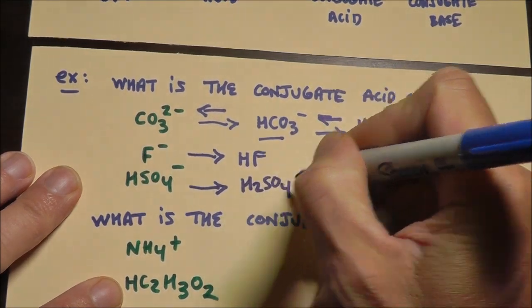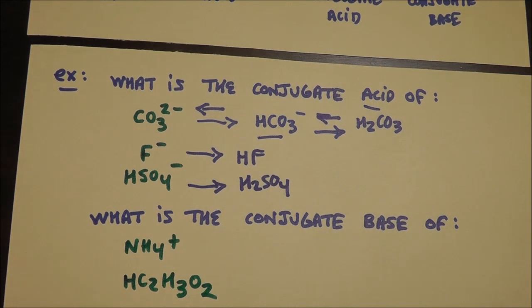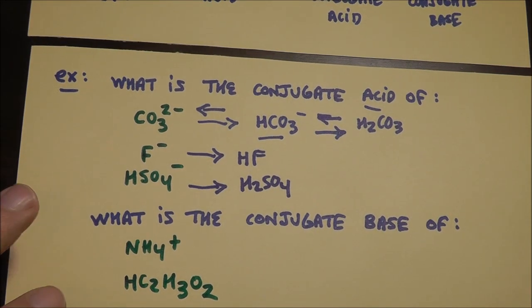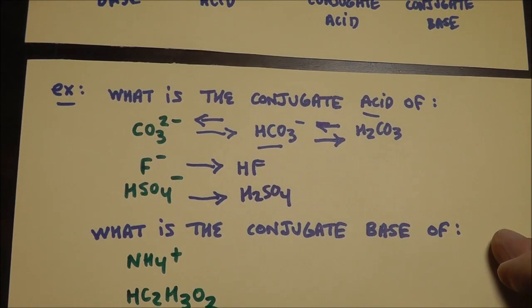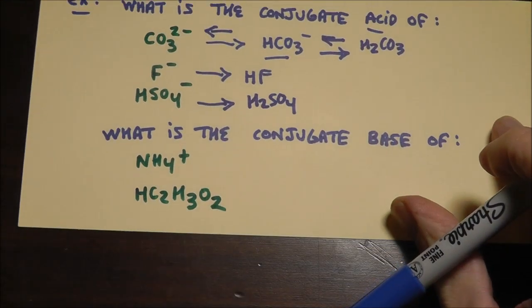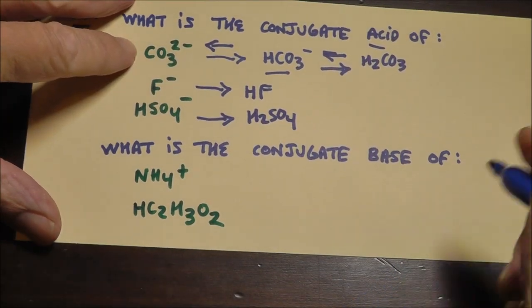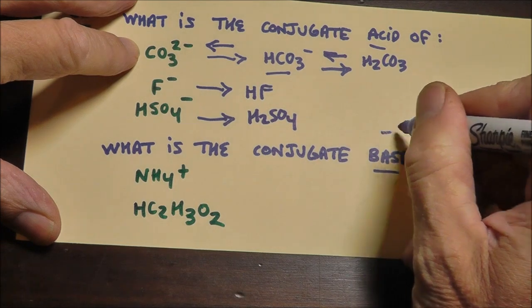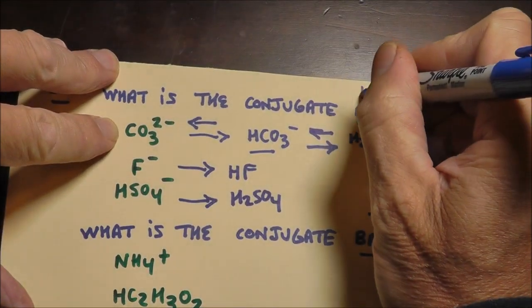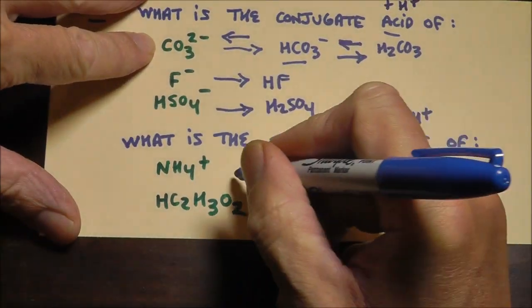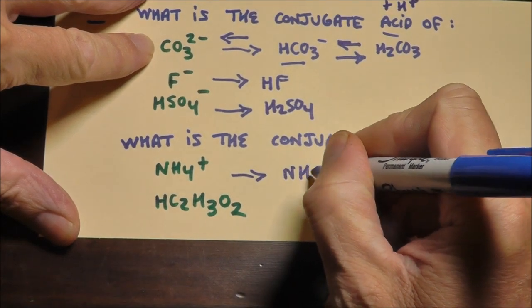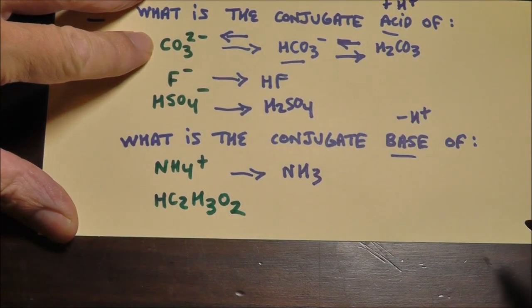So if you want the conjugate acid of something, just throw an H plus on it. That's all you do. What's the conjugate base of NH4 plus and of acetic acid? Conjugate base, just take away an H plus. Conjugate acid, add an H plus. So ammonia is the conjugate base of ammonium ion.